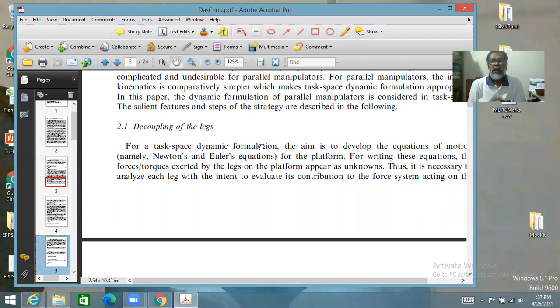Based on that, for each leg, you work out the position, velocity, and acceleration of the platform connection point. And from that point onwards, the analysis of each leg gets decoupled. So you first decouple the legs, and now the legs will be fully analyzed.